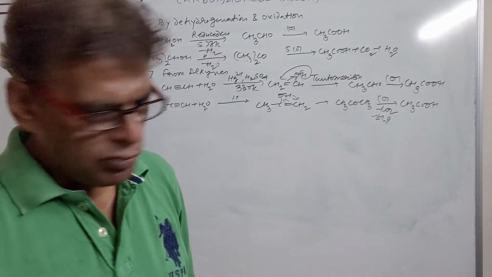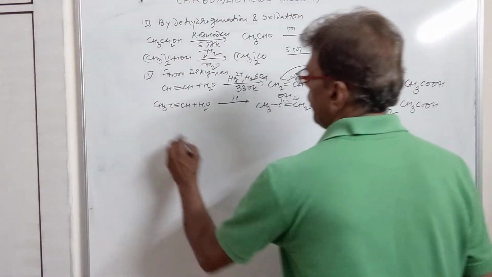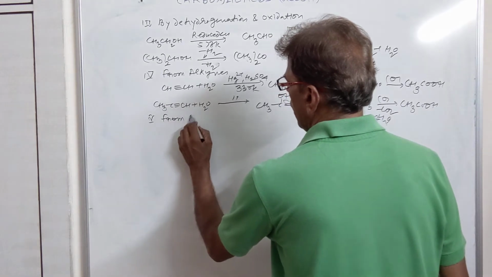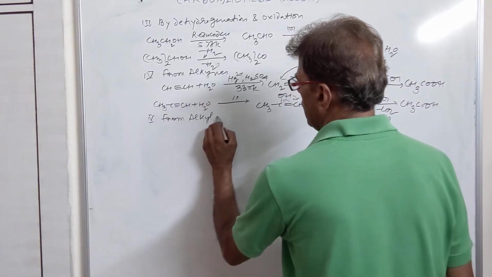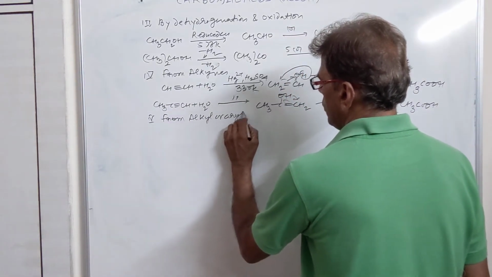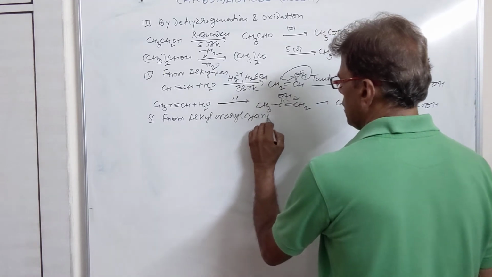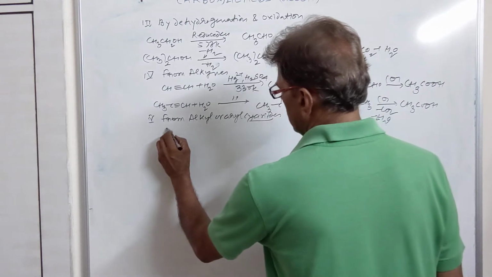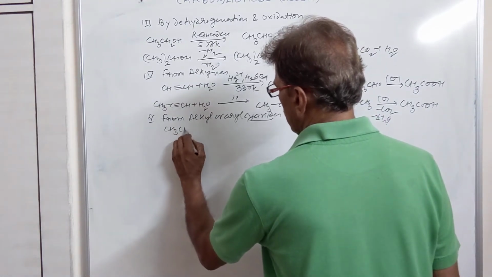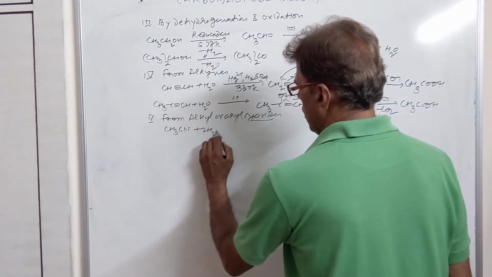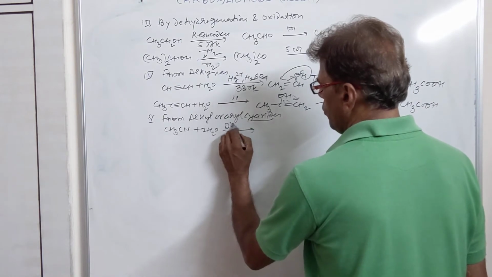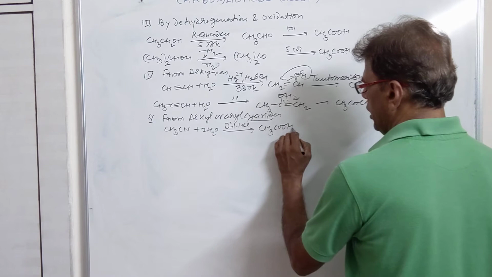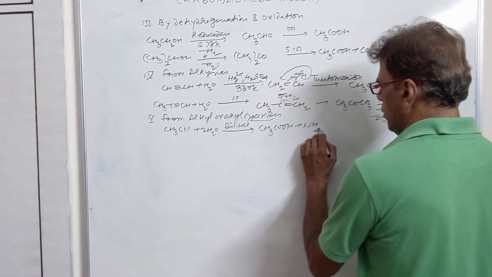Then we have from cyanides. Fifth method is from cyanides, alkyl or aryl cyanides. We have already discussed this method during properties of alkyl halides. CH3CN, when given water in the presence of dilute HCl, we get CH3COOH plus NH4Cl.